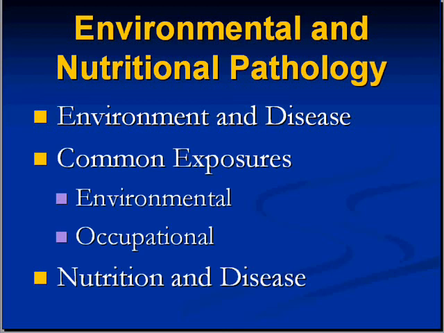If you want to call that exposures, you can. They can be environmental or they can be occupational, which is a type of environmental in which certain people are exposed more than others by virtue of what they do. We're also going to get a little bit into nutrition and, in particular, deficiencies or lack of proper nutrition causing disease states.